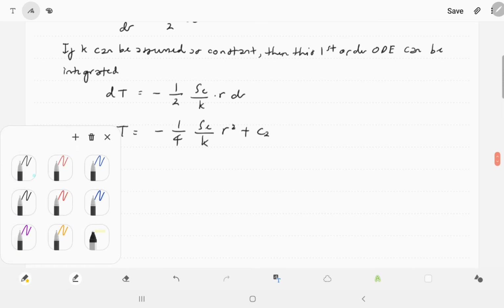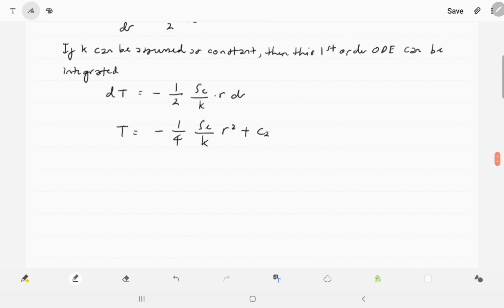Then now we are left with the C2. Then we need to use another boundary condition again in here. At the outer radius, T is equal to T0.